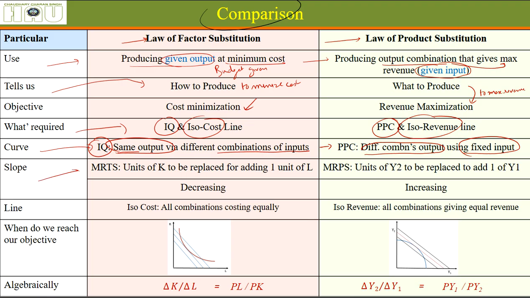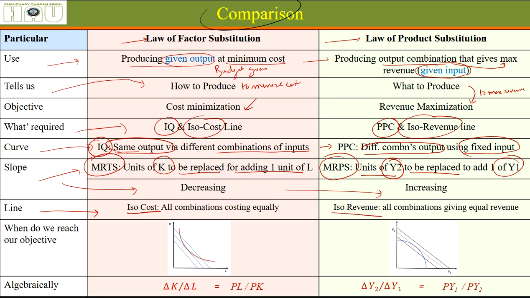Okay, slope MRPS. What's the definition? Units of capital that need to be replaced for adding one more unit of labor, and in case of product, units of output Y2 that need to be replaced to add one more unit of Y1 output. Slope is decreasing in nature here, and increasing in nature there. This line is called the ISO cost line.